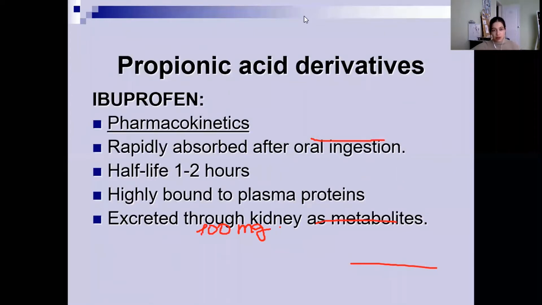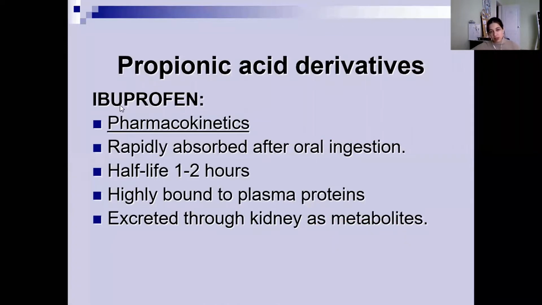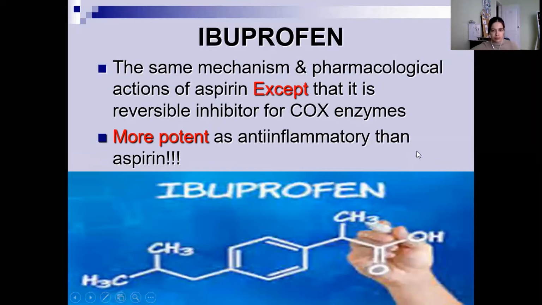Okay, the propionic derivatives like ibuprofen have almost the same effect, a little bit less toxicity than aspirin, and a half-life of 1 to 2 hours. Ibuprofen has the same mechanism and pharmacological actions, except that it is a reversible inhibitor of cyclooxygenase enzymes.